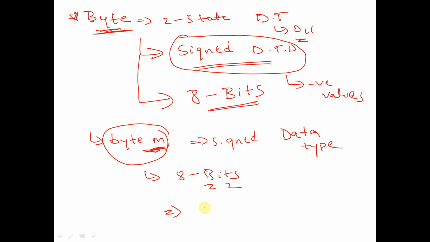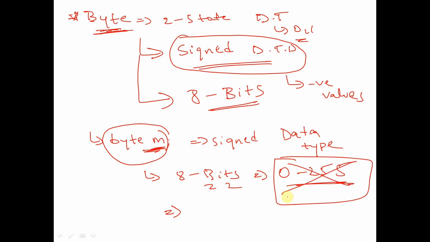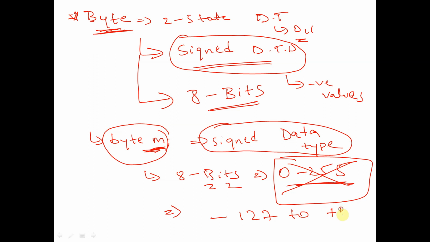0 to 255. Yeah, we will answer 0 to 255, but this will be the wrong answer because it is a signed data type. It can store negative values also. It will be -127 to +127, since we can store negative values also.